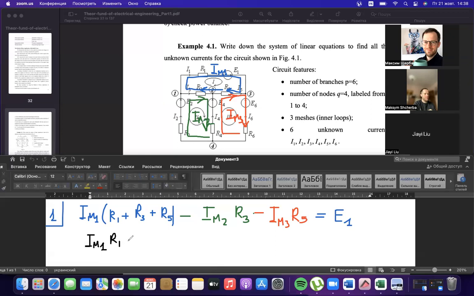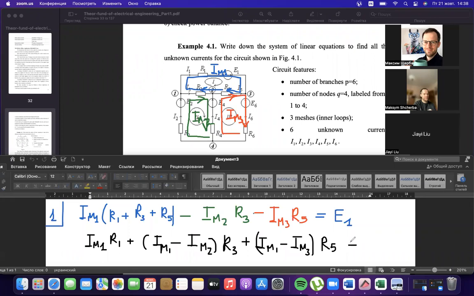IM1 R1 plus IM1 minus IM2 on the R3, then plus IM1 minus IM3 on the R5, equals E1.